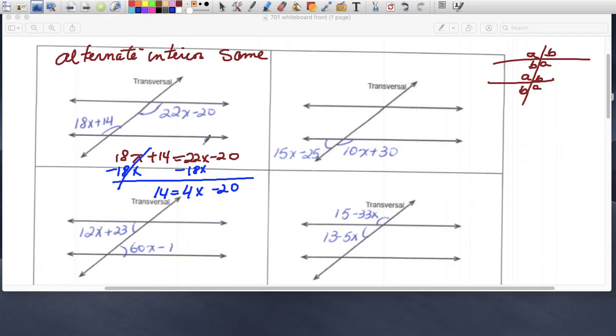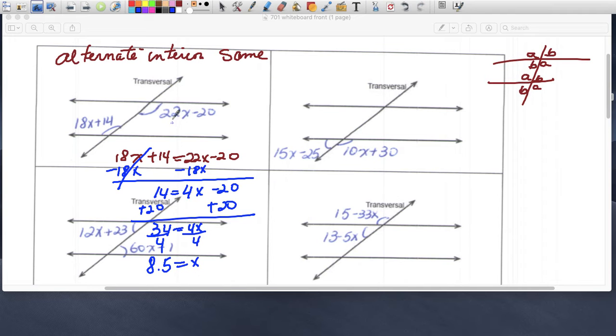Let's do plus 20, plus 20. It's going to be 34 equals 4x, divided by 4, divided by 4. So 34 divided by 4 equals 8.5.